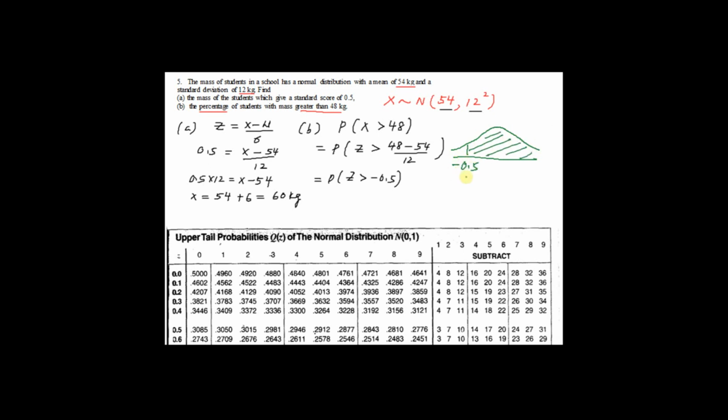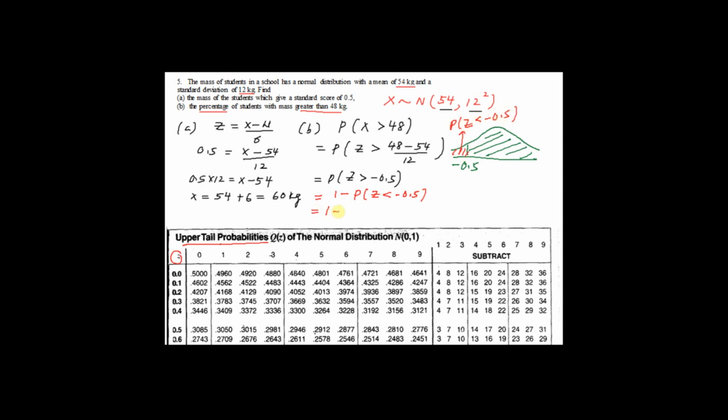We can't find the z-score with a negative number here. What we have is the upper tail probability, where all the z-scores are positive numbers. So what you can do here is change to 1 minus probability z less than negative 0.5. This part here is the probability z less than negative 0.5.